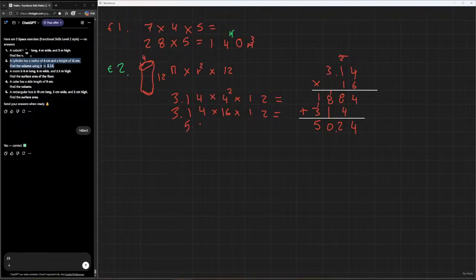This one. 50.24 times 12. So now we need to multiply it by 12. 2 times 4 is 8. 2 times 2 is 4. Then a 0.